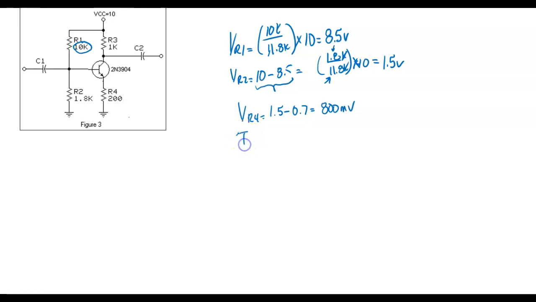Need to calculate IC. IC is equal to approximately 800 millivolts divided by 200. Well, it's milli. What we do when we're dealing with Ohm's law, we only use units in our answer.